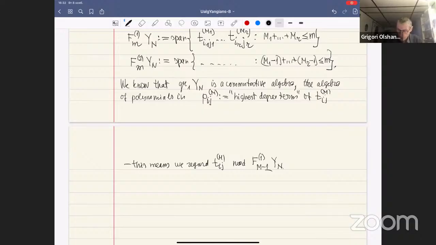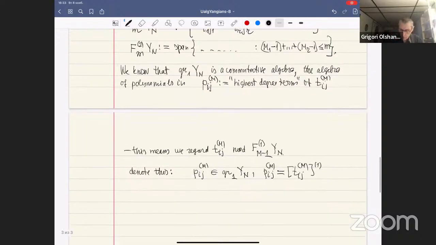My notation will be as follows. Denote it as follows. This is the element of the associated graded algebra, and denote it the highest degree term with respect to the first filtration.